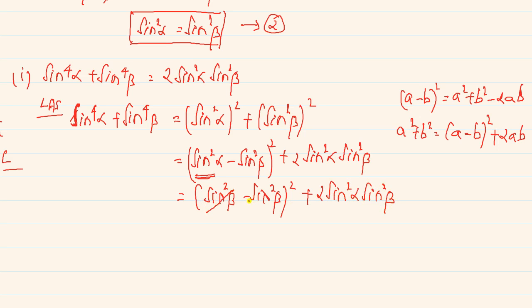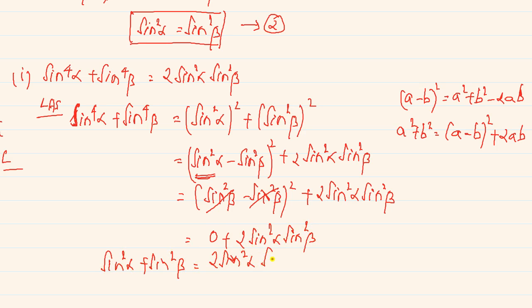So sin square minus sin square cancel. So this will become 0. So 0 plus 2 sin square alpha sin square beta. So we can write it as sin to the power of 4 alpha plus sin to the power of 4 beta is equal to 2 sin square alpha sin square beta, which is nothing but the right hand side answer. So hence we have proved this problem.